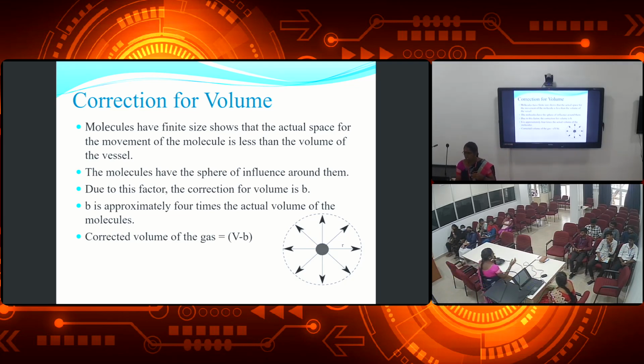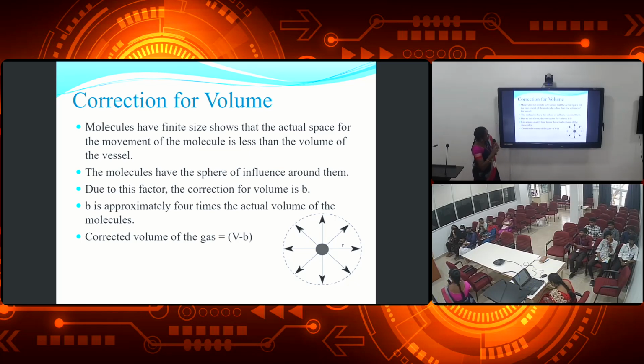Due to the increasing pressure, the volume should decrease, but the number of molecules in the volume increases. So we can find the molecular size.